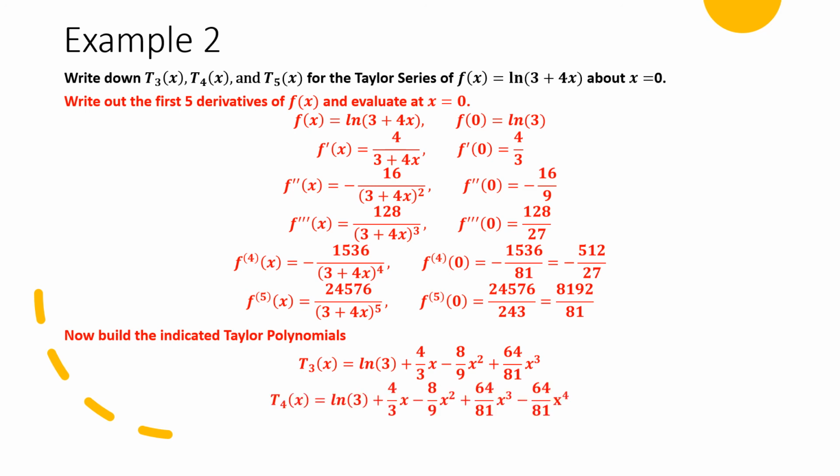Now for T sub 4, I'm going to go that far, plus I'm adding that fourth derivative. The fourth derivative was negative 512 over 27, but I have to divide that by 4 factorial, which gives me negative 64 over 81 x to the 4th. Now for T sub 5, I'm going to write all of what I had for T sub 4, plus I'm going to add in that 5th derivative divided by 5 factorial, which is going to be 1024 over 1215 x to the 5th when reduced.